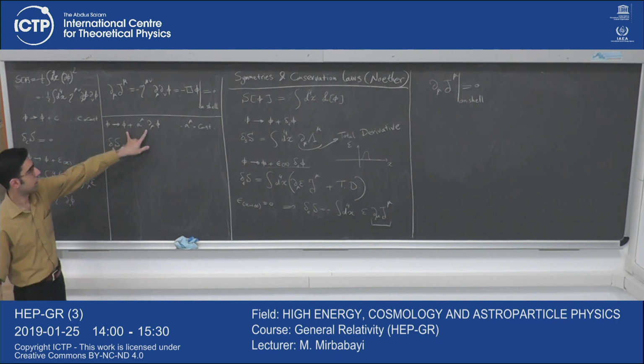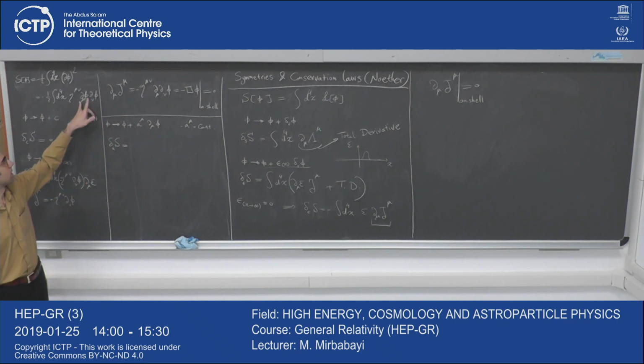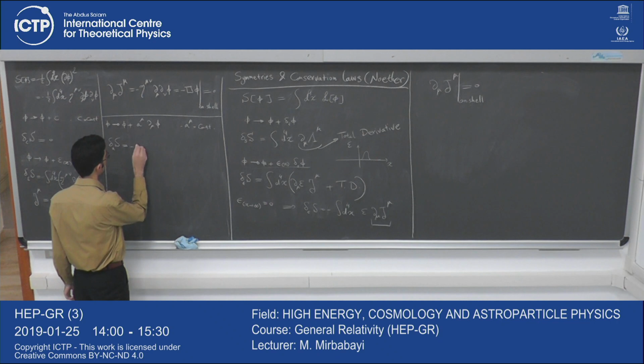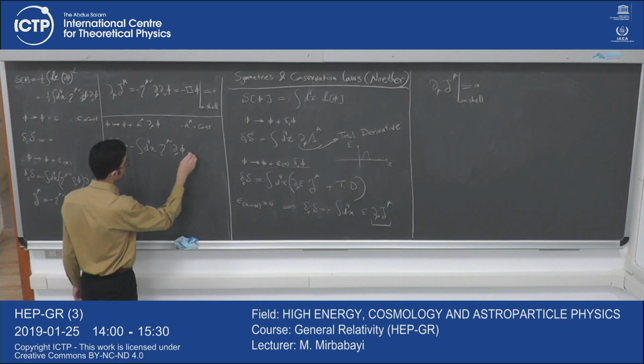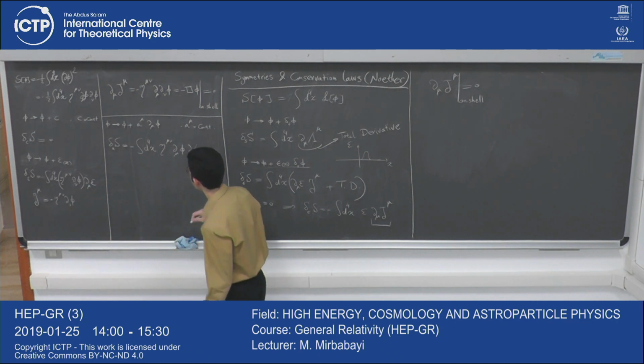Again, what I do is I plug this in here, I linearize in a. These two give the same contribution because of the symmetry of eta mu nu. So the answer is the integral d4x eta mu nu d mu phi d nu of a alpha d alpha phi.